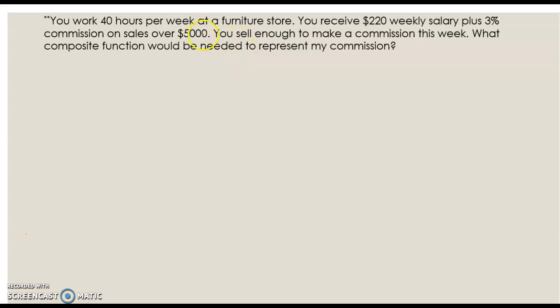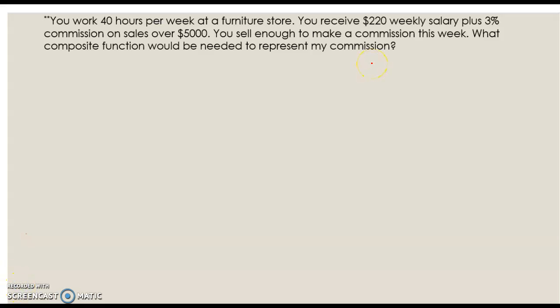Okay. You work 40 hours per week at a furniture store. You receive $220 weekly salary plus 3% commission on sales over $5,000. You sell enough to make a commission this week. What composite function will be needed to represent my commission?